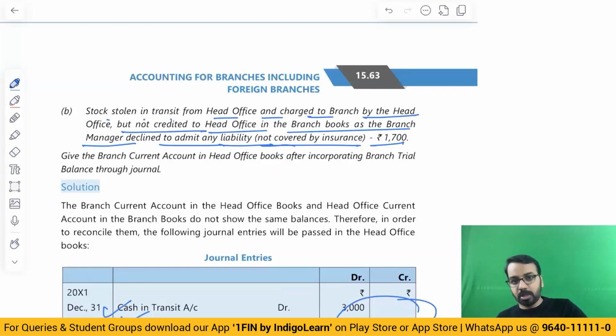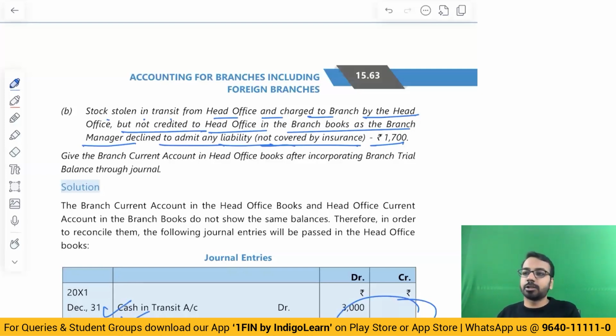The stock we sent was lost in transit, and the branch manager says he will not admit this liability. But technically the stock has been sent to the branch, there is a loss, and that loss can subsequently be accounted for in the P&L. But finally, there is a loss, so that loss has to be accounted for.